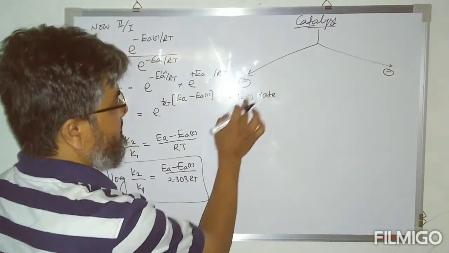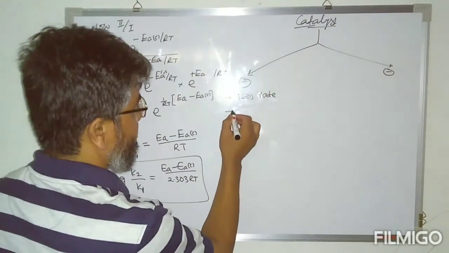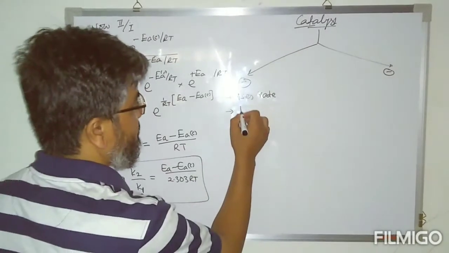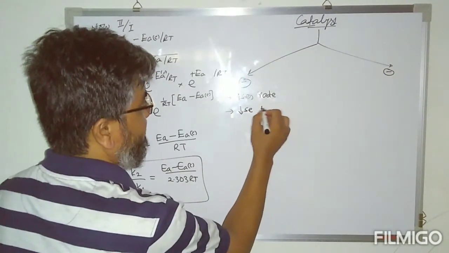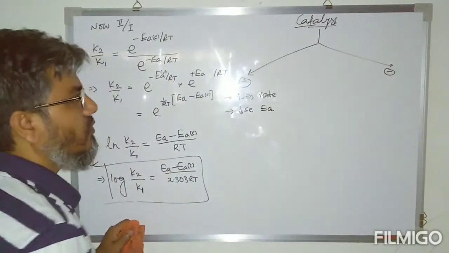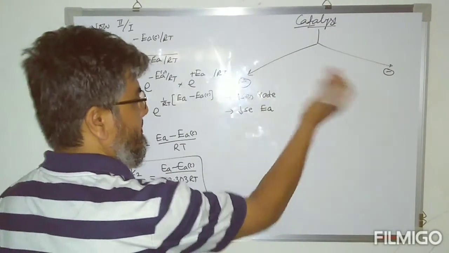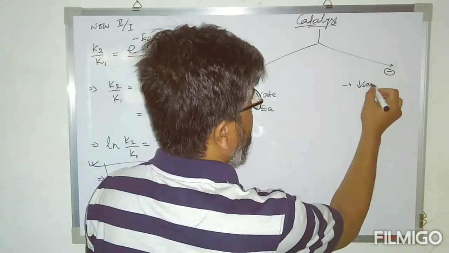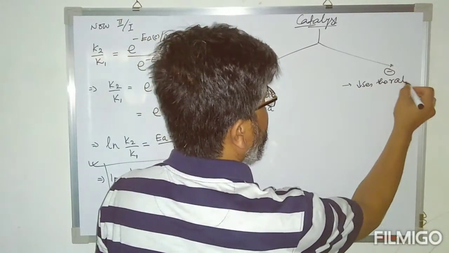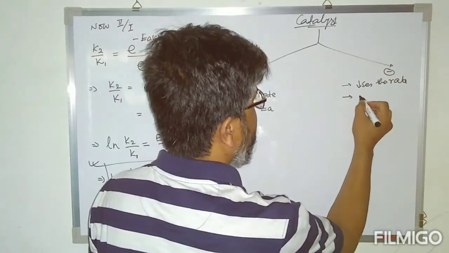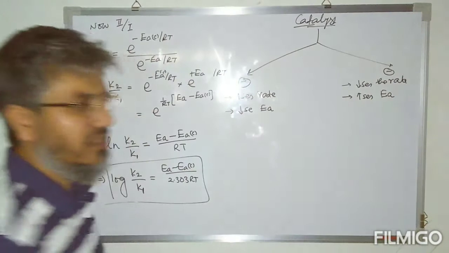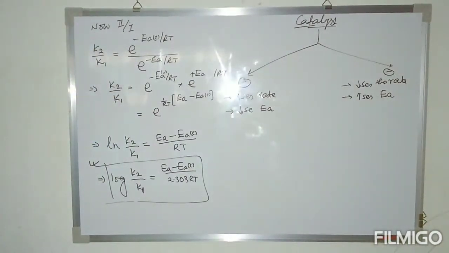The rate of reaction is increased provided the activation energy is decreased, so this decreases the activation energy of the reaction. Whereas in case of a negative catalyst, this is just the opposite. A negative catalyst decreases the rate of reaction. If the rate decreases, that means it increases the activation energy of the reaction.